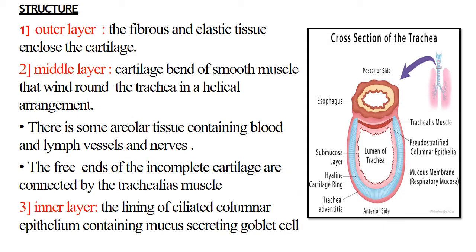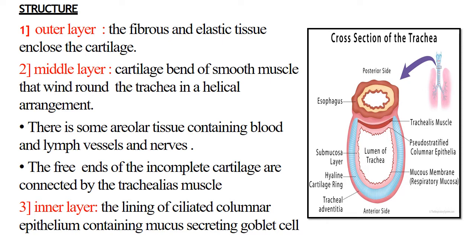Now we'll see in detail. First, the outer layer is made up of elastic tissue and fibrous tissue, which enclose the cartilage. Second, the middle layer has bands of smooth muscle that wind around the trachea in a helical arrangement.